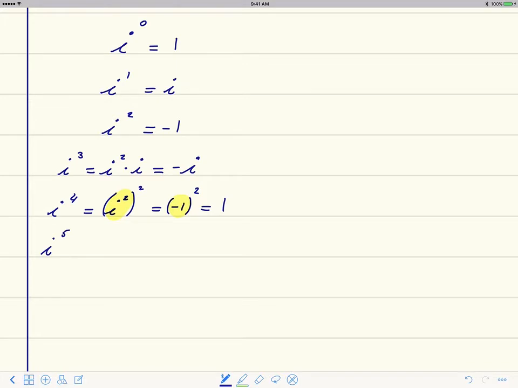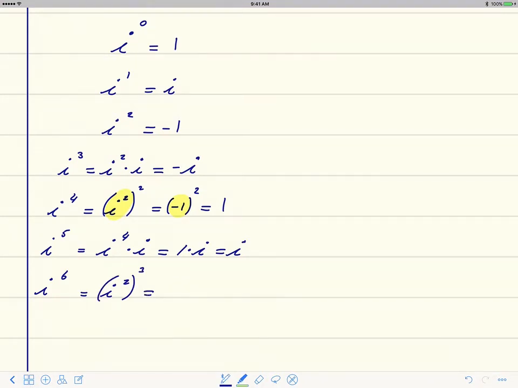i to the fifth, we can write it as i to the fourth times i. We know that i to the fourth is 1, so this is just 1 times i, which is i. i to the sixth is, I'm sorry, better to write i squared, cubed.